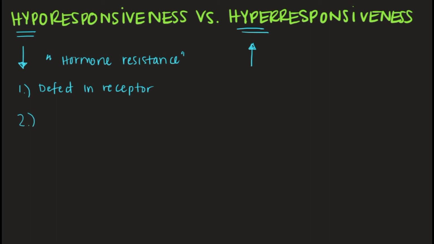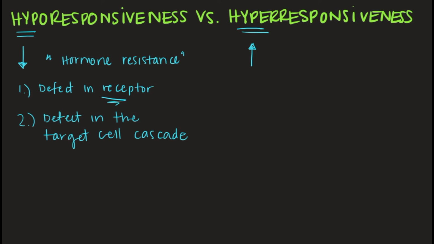Number two is a defect in the target cell's signaling cascade. So, in this case, our receptor that we talked about before is fine.